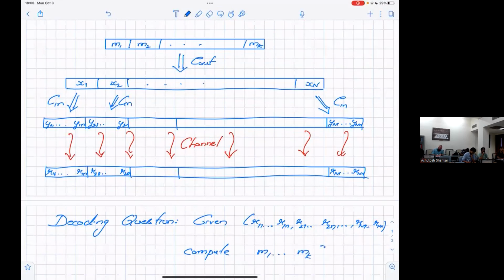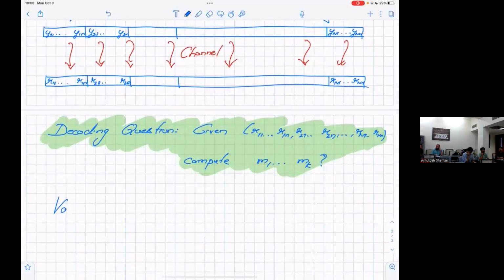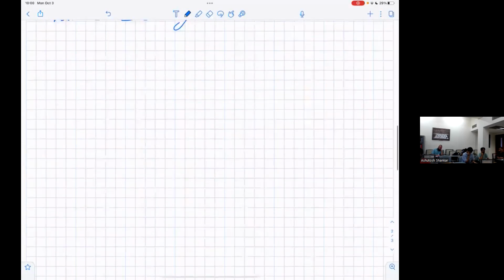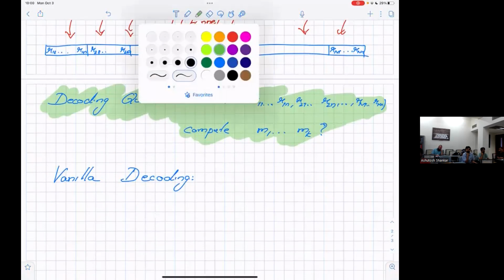That's the question. So how would you go about doing this? Decode each character individually, yes. So let's do the vanilla decoding, which is the most natural one, and it is going to be the following.